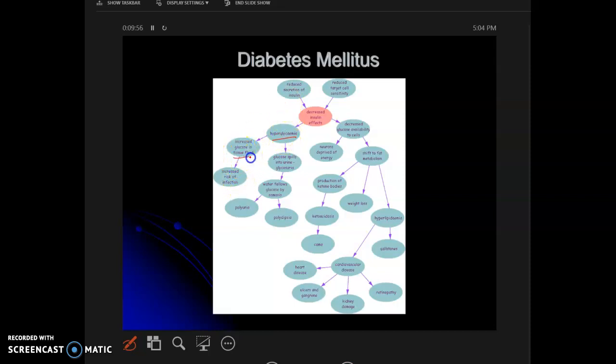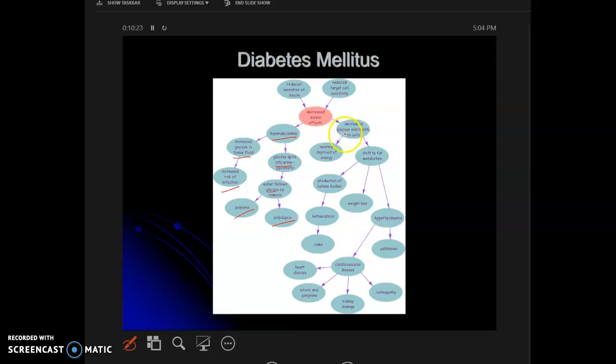If there's an excess amount of glucose in your blood, of course, the excess glucose will spill into your urine. And that will cause what? Polyuria, that means high urination, because water follows glucose by osmosis. And polydipsia means you'll be very, very thirsty, drinking water all the time.